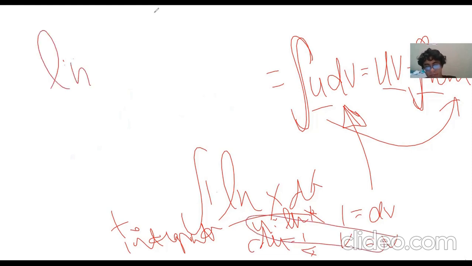Okay, natural log of x. Why did I just put v? It's x. Integral of dv, because of the substitution, this is x. Okay.